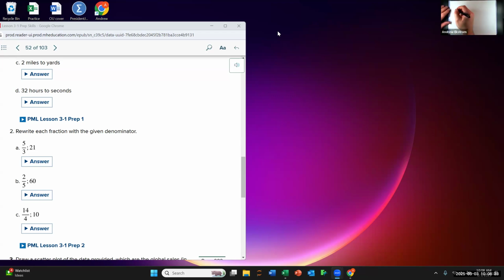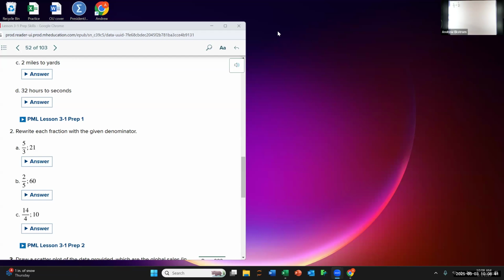So looking at the first fraction that we have here, we have 5 over 3. We need to turn that into 21 over what's going to end up being some number.